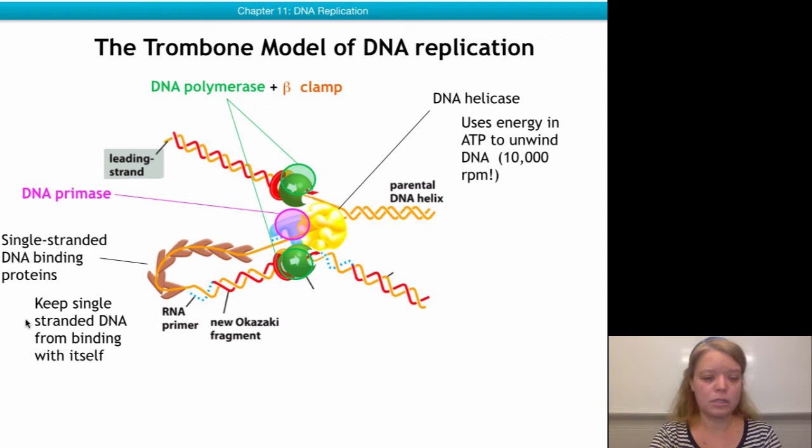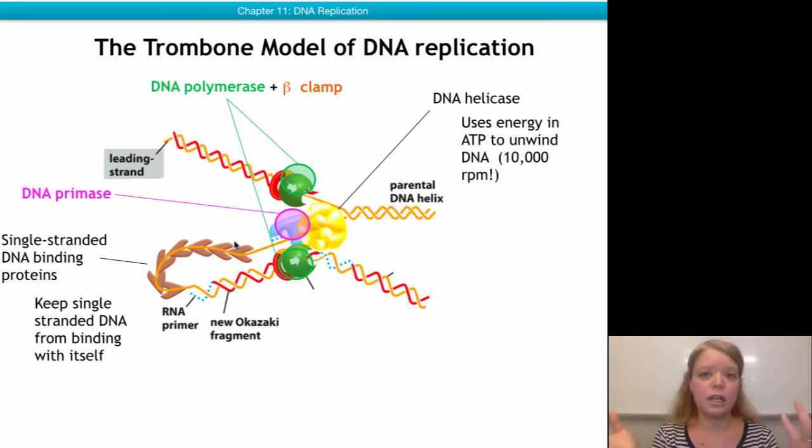And then these brown guys right here are single-strand binding proteins, single-strand DNA binding proteins. They coat the lagging strand until the primase can get there and synthesize a primer, and the DNA polymerase can extend the new strand. The reason the single-stranded DNA has to be coated is because the helicase just did its important job of unwinding, breaking the hydrogen bonds between the base pairs.